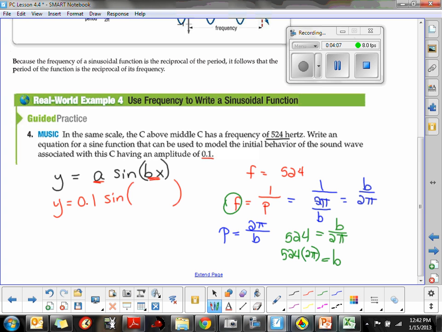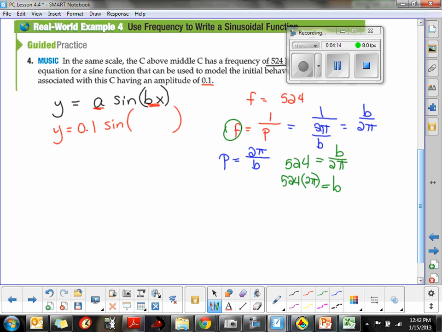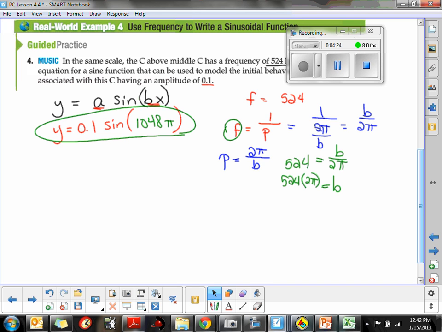Now I always want to try to leave the answers in pi rather than put it as a decimal equivalency, so we'll take 2 times 524, that should be 1,048 pi. So our equation they were looking for is y equals 1/10 sine of 1,048 pi theta. So that's an example of how we use frequency and the reciprocal of the period.